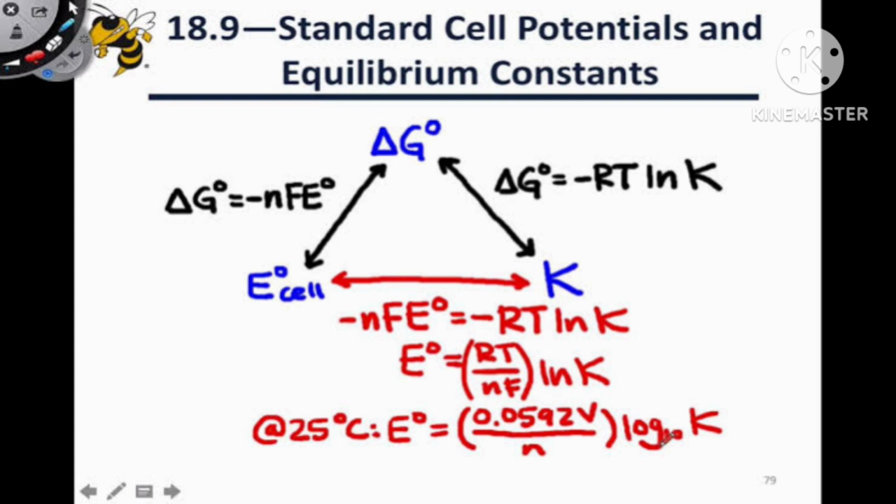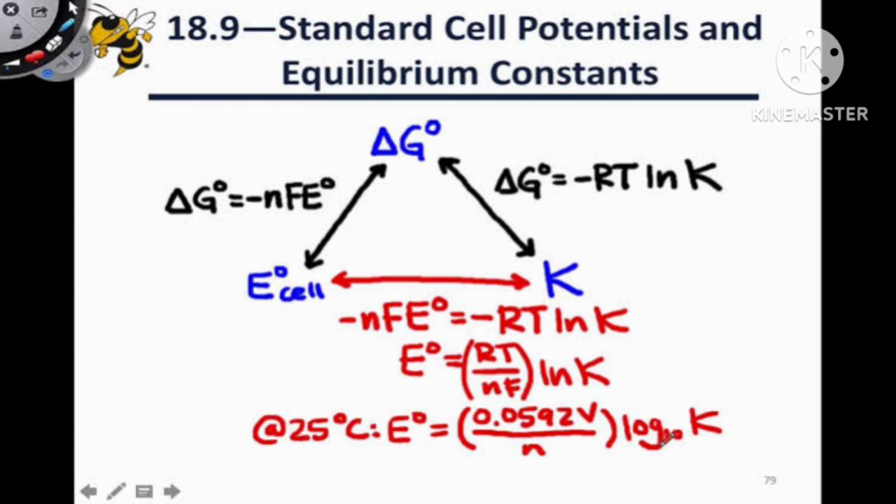If you know the E cell value, then you can calculate the delta G value. Okay.